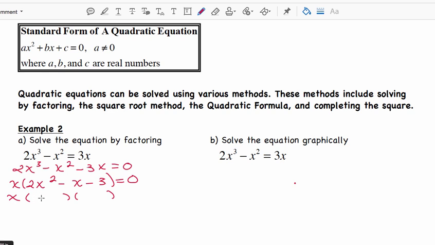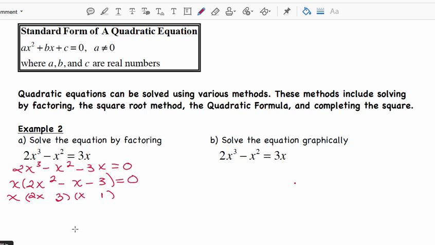Okay, so factors of 2x squared need to go in first position of each binomial, and factors of 2x squared are 2x times x, and factors of the last term, negative 3, are going to go in last position of each binomial. So then I'm going to put the only factors of 3, which are 3 and 1.